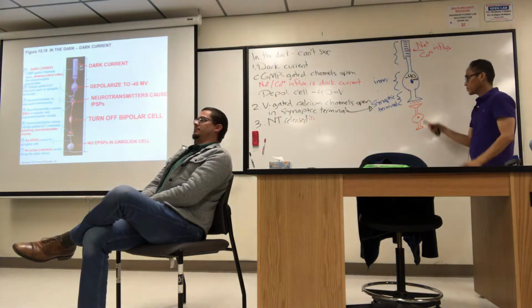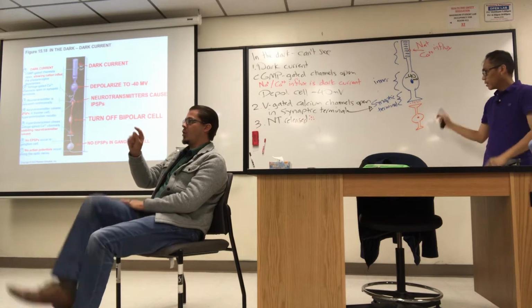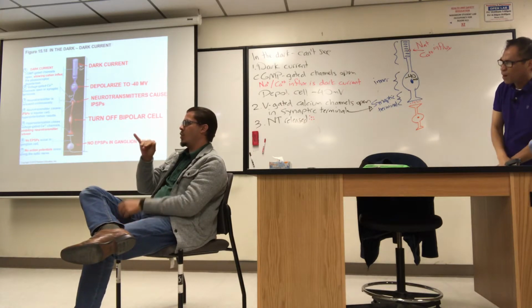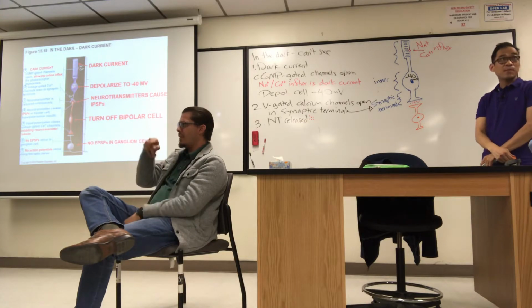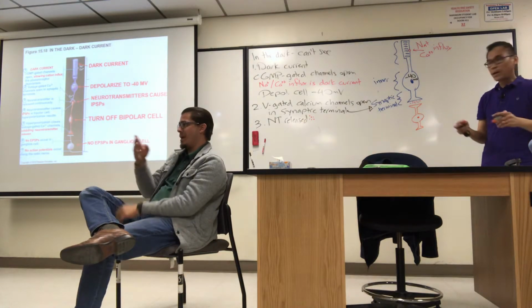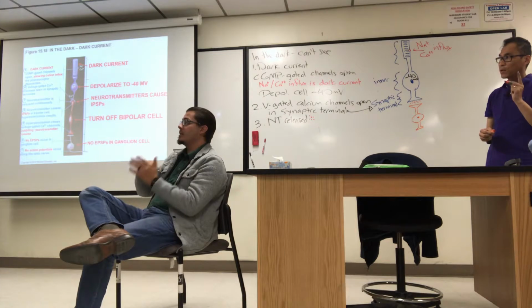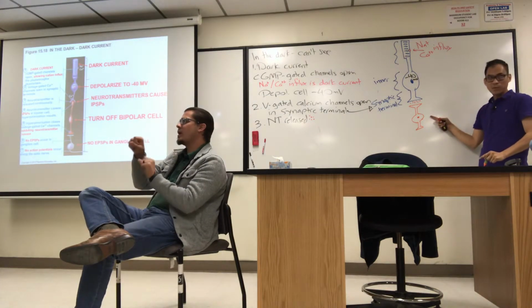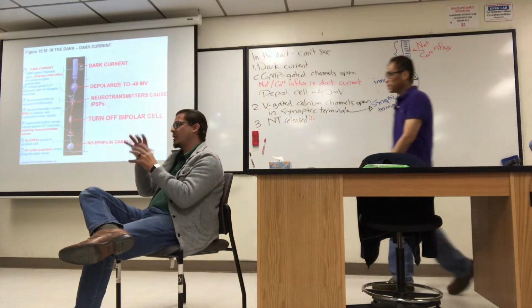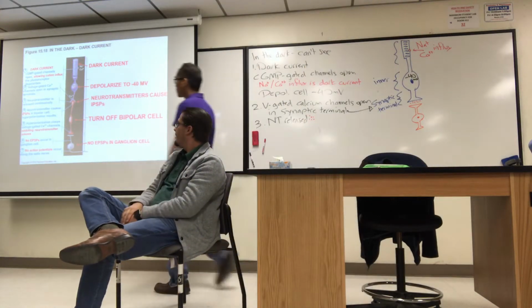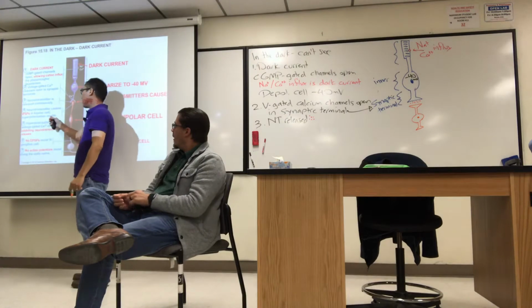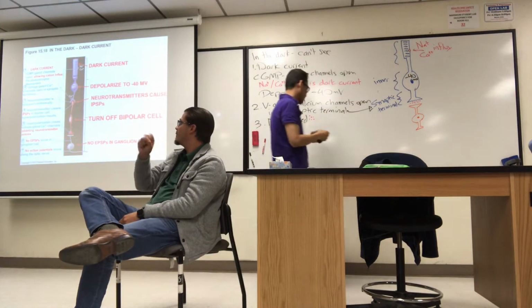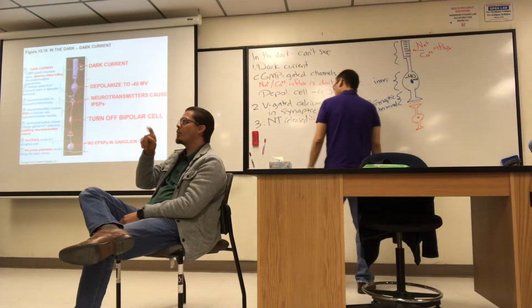Those neurotransmitters happen to be inhibitory on the bipolar cell. Remember when we learned about IPSPs in lecture exam 4, they're inhibitory, okay? That stands for inhibitory postsynaptic potential on the next cell, the bipolar cell. That's what it says in the next step. Neurotransmitter causes IPSPs in the bipolar cell, that hyperpolarizes it, basically turns it off.